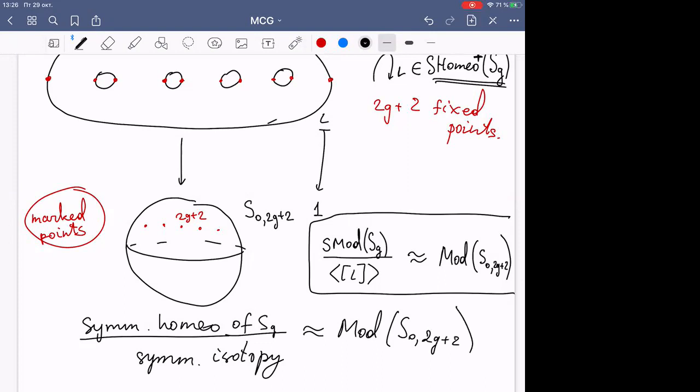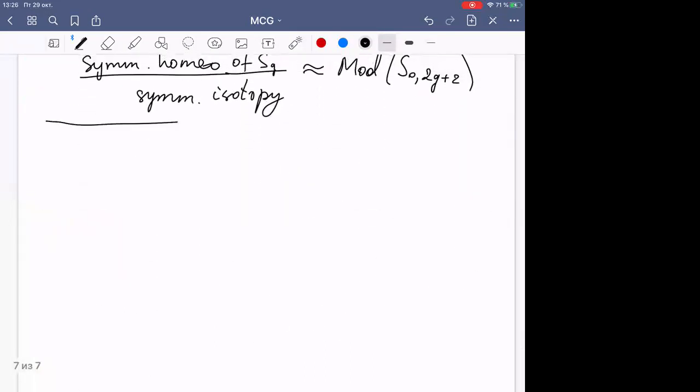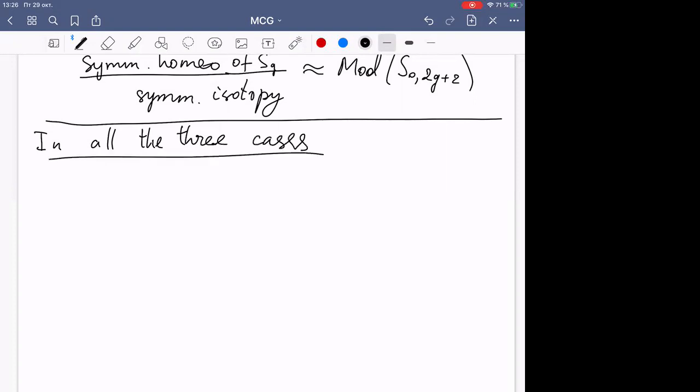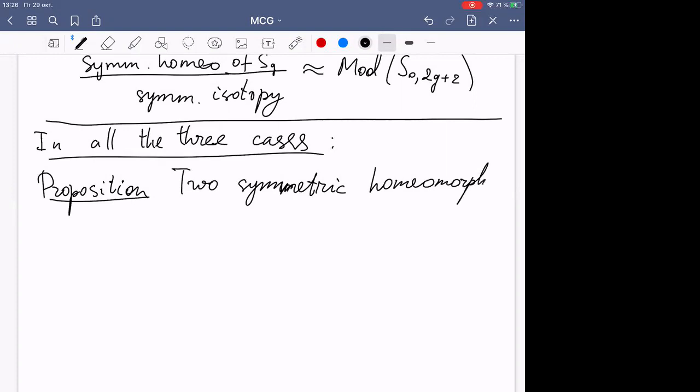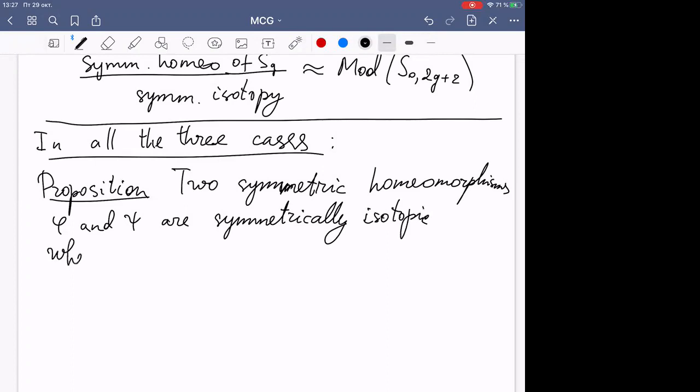So we only need to understand that in all three cases, we have a proposition that two symmetric homeomorphisms phi and psi are symmetrically isotopic whenever they are isotopic.